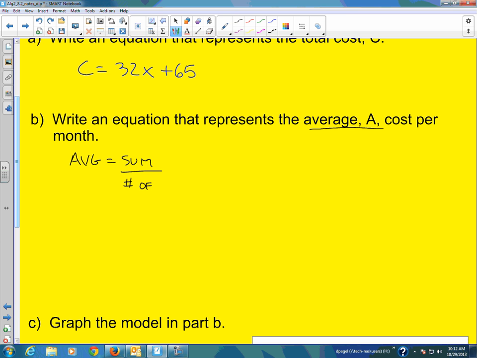Well, our sum is equivalent to our total cost. And we're doing this for X number of months. And so our equation can then be that the average monthly cost is equal to our 32x plus our 65 divided by our x.